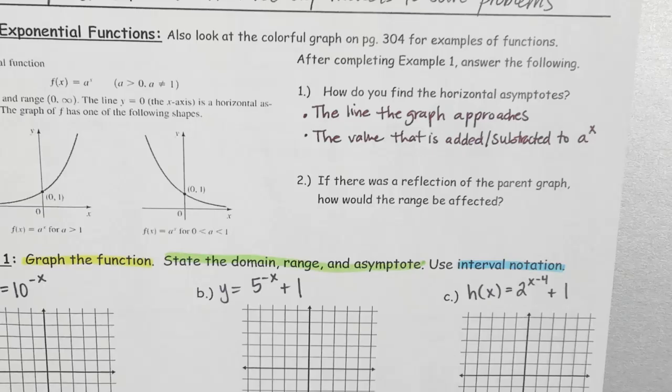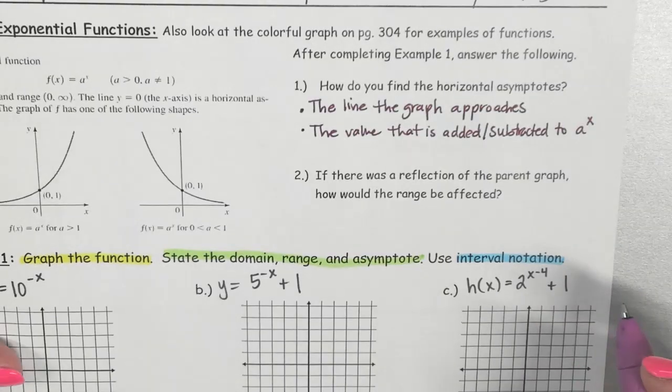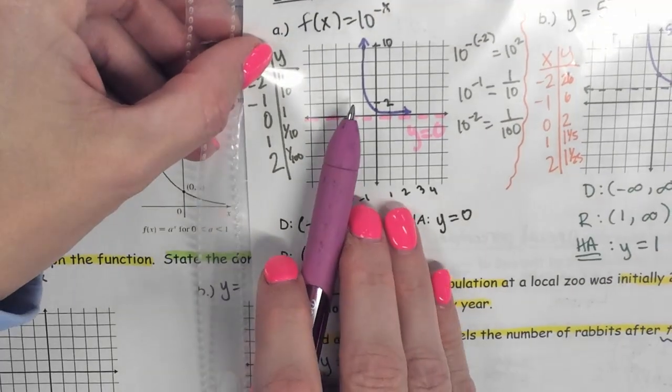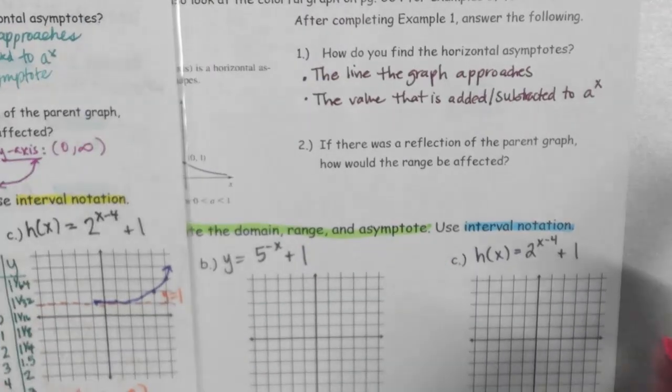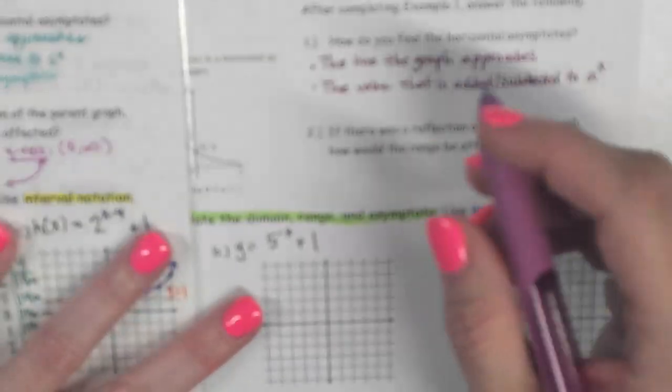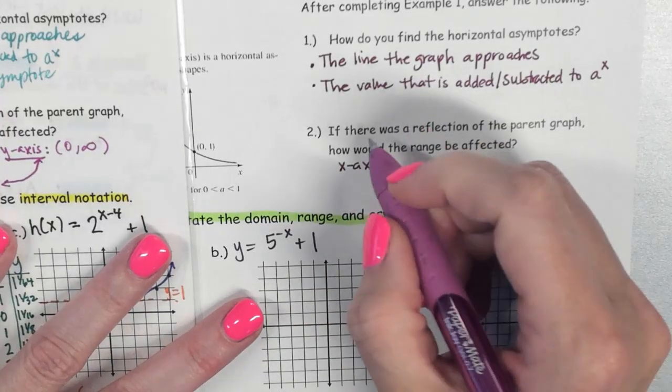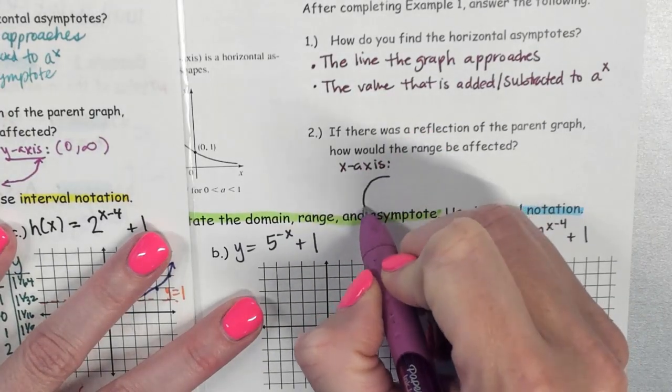Okay, now I said if there was a reflection of the parent graph, how would that affect your range? Okay, so the first thing we're going to look at is if one of these was reflected over the x. So let's just draw that. Okay, so if there was a reflection over the x-axis, you would have something that looked like this.